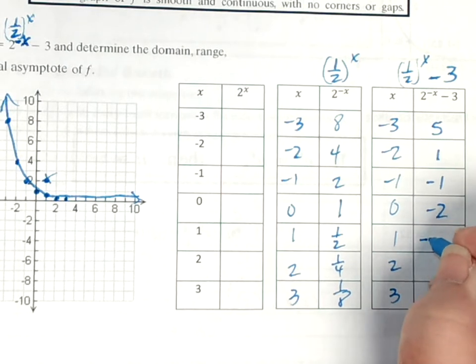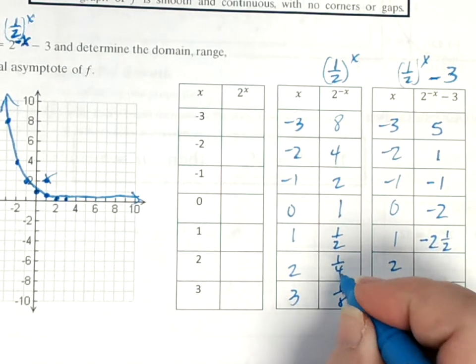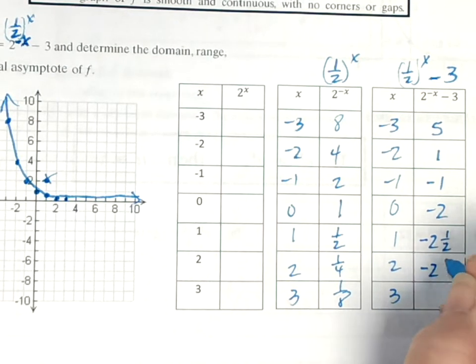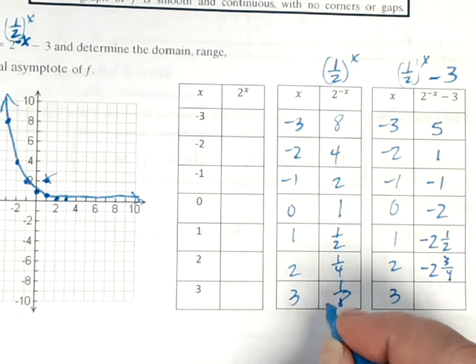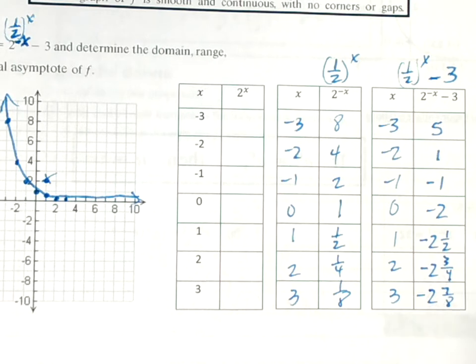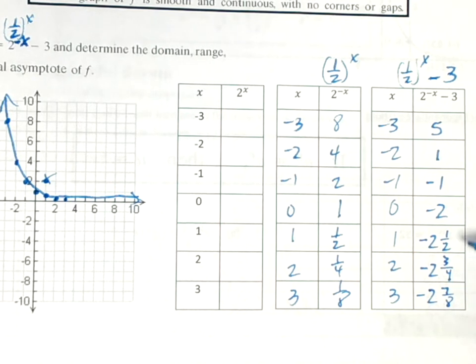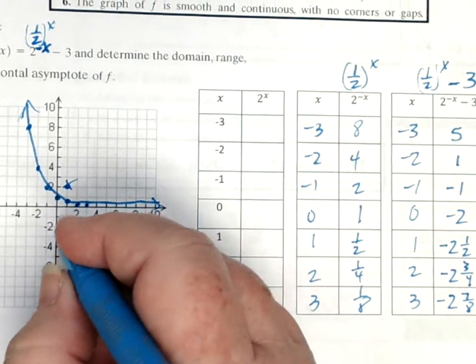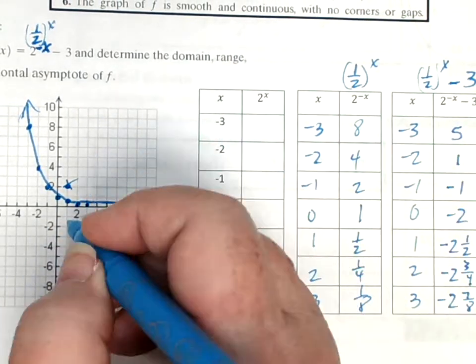1/2 minus 3 is -2.5. 1/4 minus 3 is -2 3/4. 1/8 minus 3 is -2 7/8. What am I approaching in this case? What am I getting closer and closer to? Well, let's plot those points and look. I've got (-3, 5).